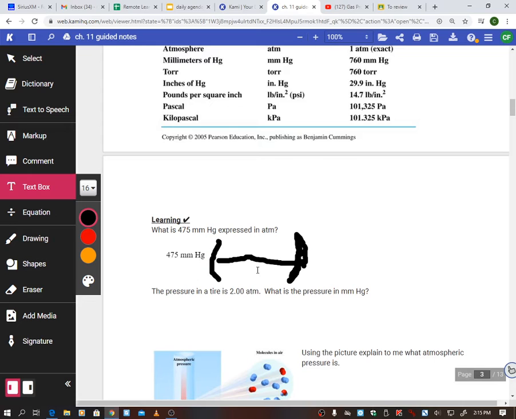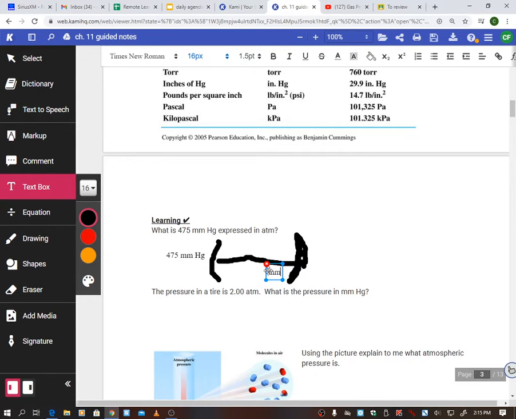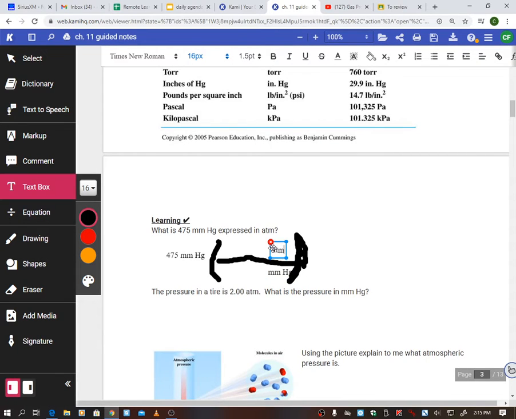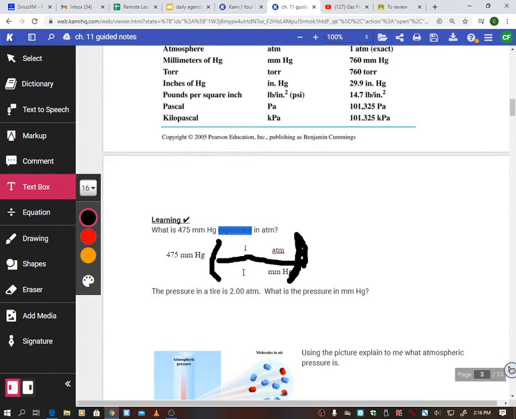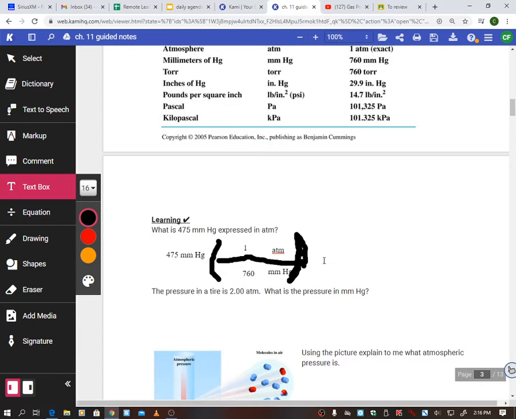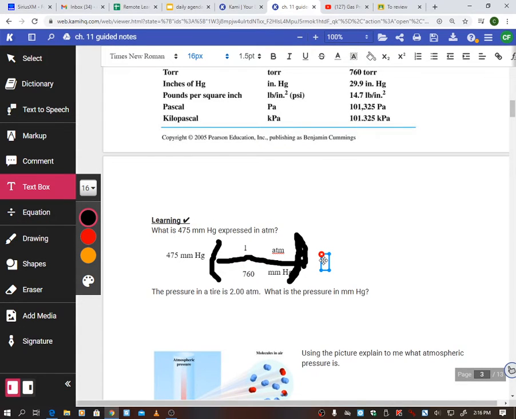So I'm going to put millimeters of mercury on bottom, and I want ATM, so I'm going to put that on top, and I'm going to use this chart up here. If you look at this chart, it tells you that 1 ATM is equal to 760 millimeters of mercury. So I'm going to take 475 and divide it by 760, and you will get 0.625 ATM.